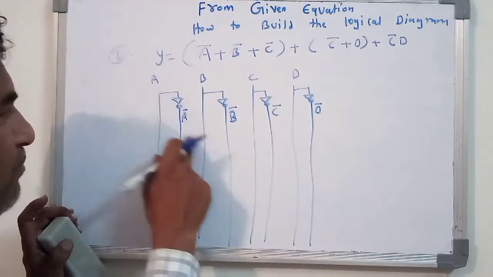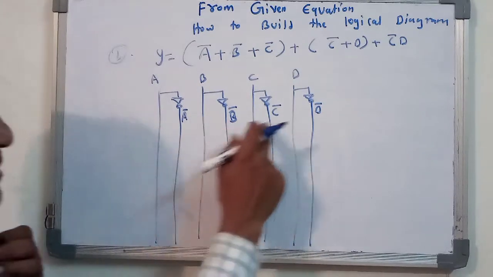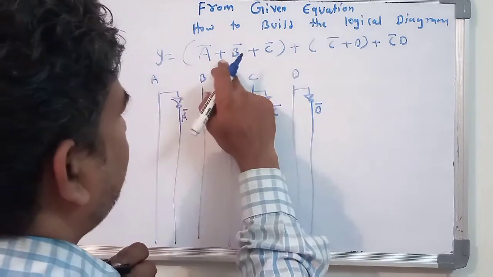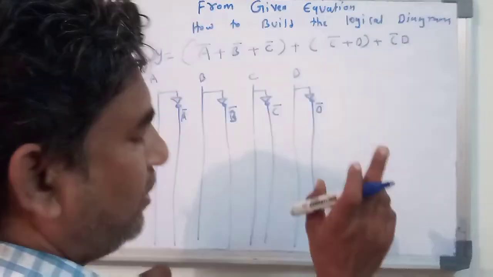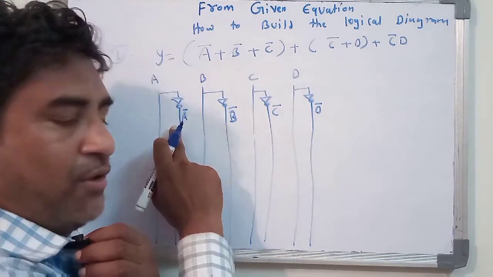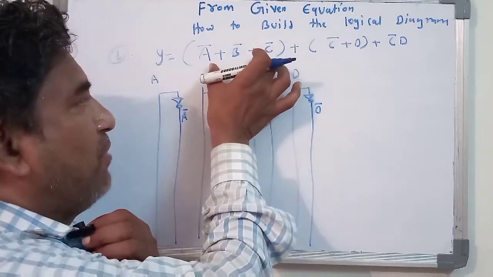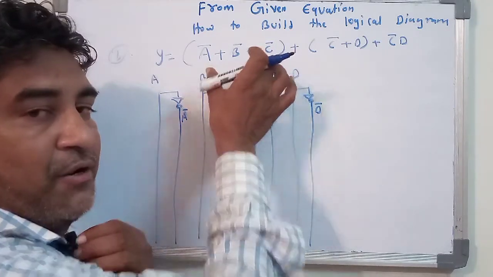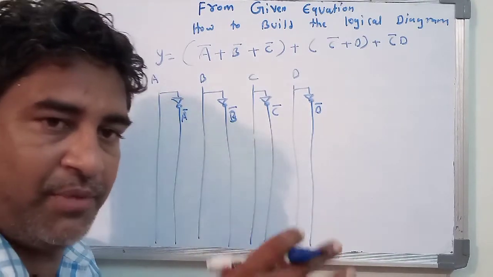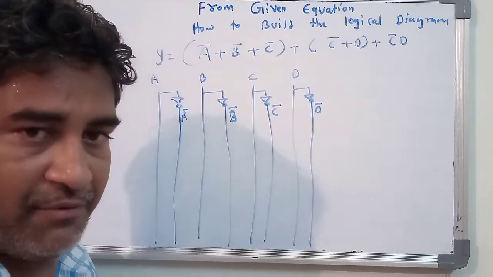To the respective input we are getting the output after the inverter, that is A bar, B bar, C bar and D bar. Now for this A bar plus B bar plus C bar and D bar, we don't require a separate NOT gate, because here the NOT gate is already present. What we have to do is observe what sign is present inside the bracket, and according to that sign, as we studied previously in the basic gates.